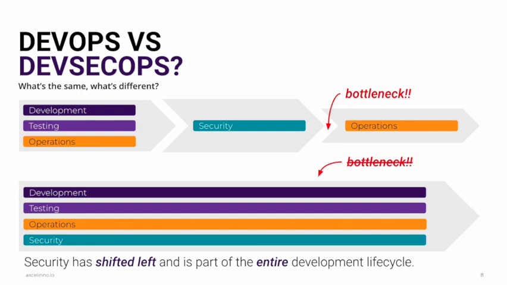And in our experience, we tend to see that there are more and larger operations and development and testing teams than there are security. And so these teams, what are they doing? They're either planning on a release cycle, which can make it difficult, but also it creates that bottleneck. It is not intentional. By no means is it intentional, but it happens. So what we want to do is get security shifted left. It is on the same playing field, the same plane with development, testing, operations, security, and we've removed that bottleneck.